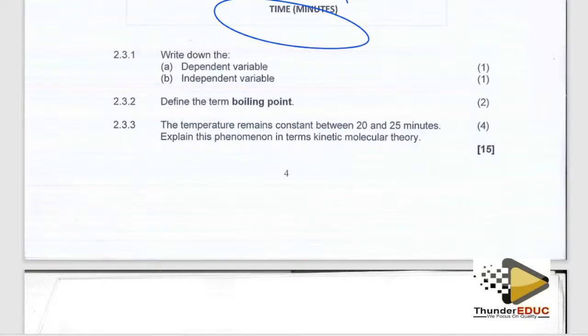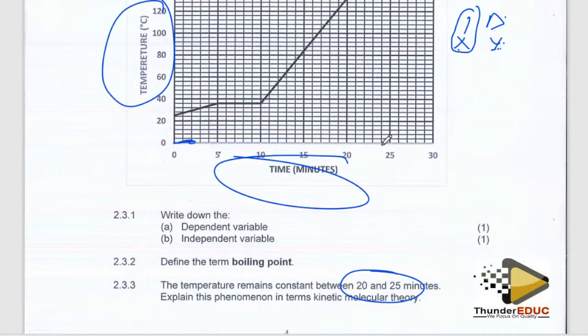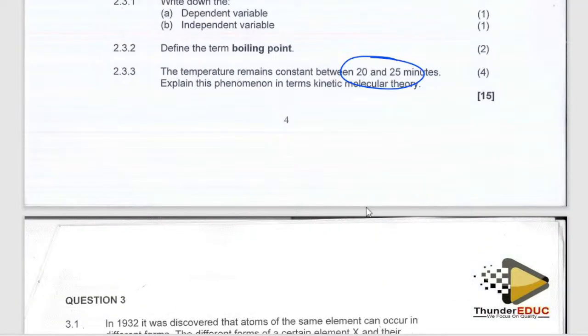They're saying that the temperature remains constant between this and this. Why does the temperature remain constant between 20 and 25? Explain this phenomenon in terms of kinetic molecular theory.